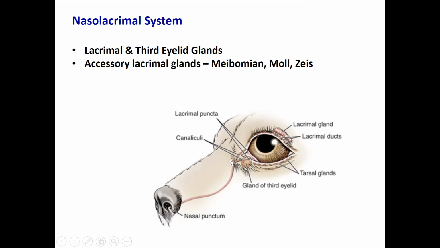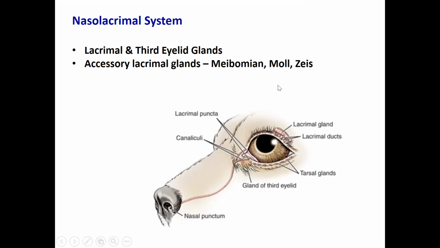Anyways, apart from the lacrimal gland and gland of the third eyelid, we also have some accessory glands associated here. One of them is called the meibomian or the tarsal glands. These are the glands associated with the base of the eyelashes or cilia, and they release lipid-based secretions.